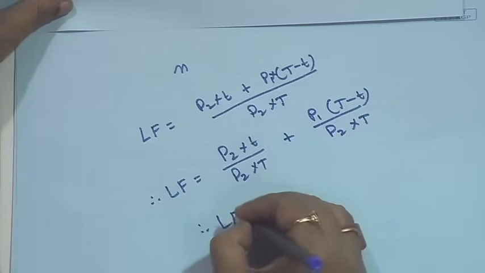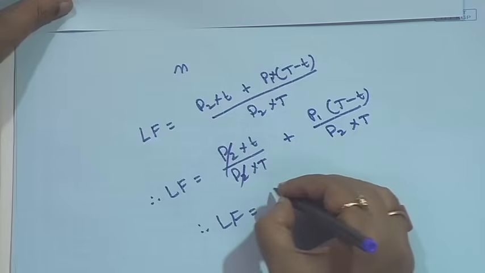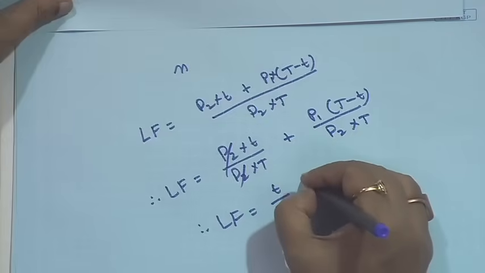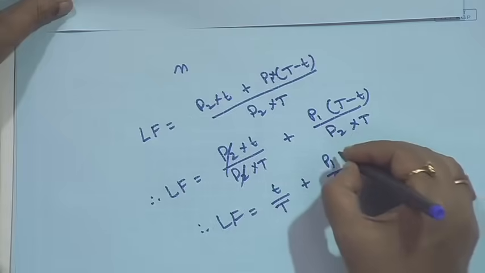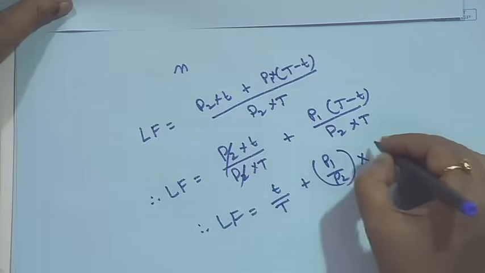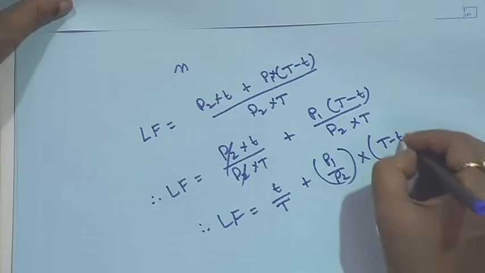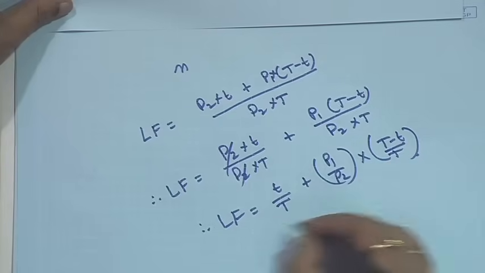Therefore, in LF, P2 will be cancelled. So, it will be t by T plus P1 upon P2 into T minus t by T.